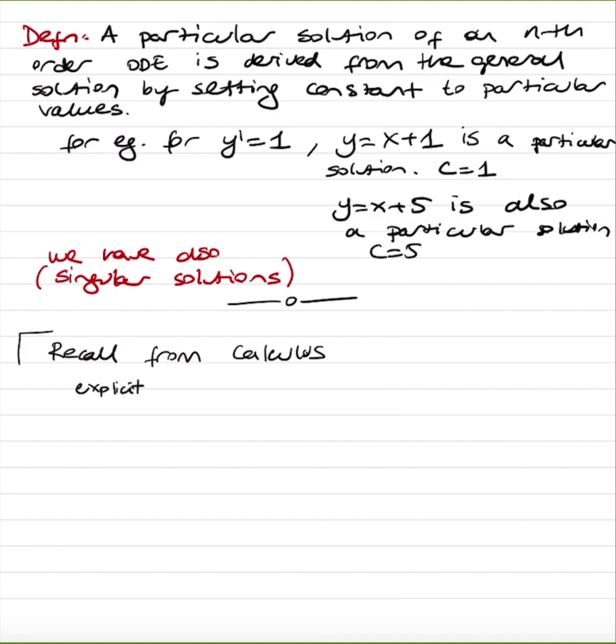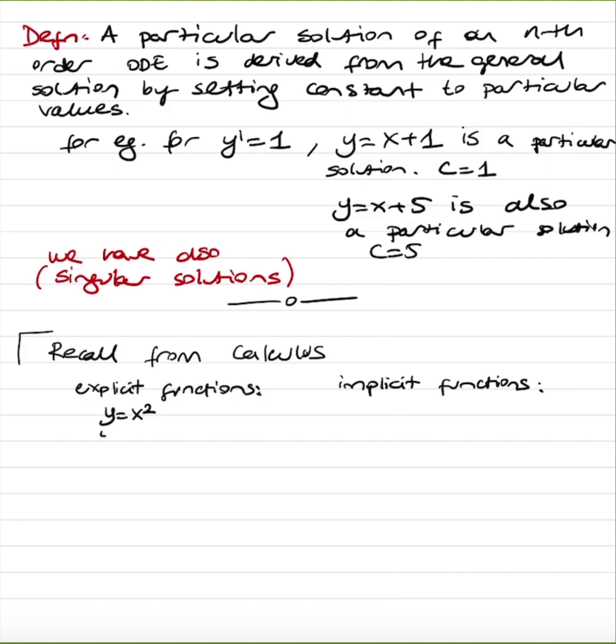So explicit functions and implicit functions. Explicit functions are functions that are of the form, for example, y is equal to x squared. So we know what the function is explicitly.